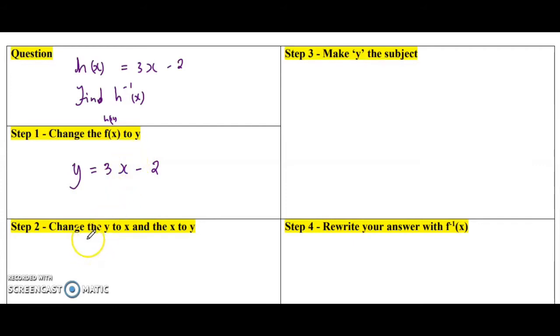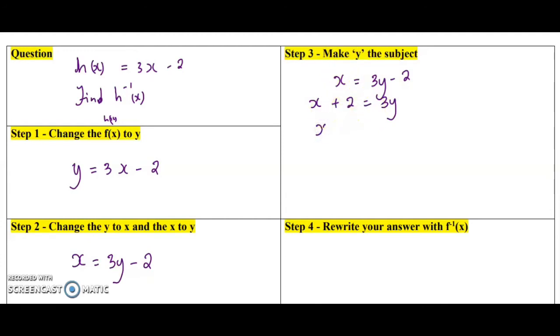The next step, change all the y to x and the x to y. So I'm going to have x is equal to 3y minus 2. I'm going to rewrite this, and I am going to make y the subject. So here I have x plus 2 is equal to 3y, because remember that the 2 was a negative, now it's a positive.